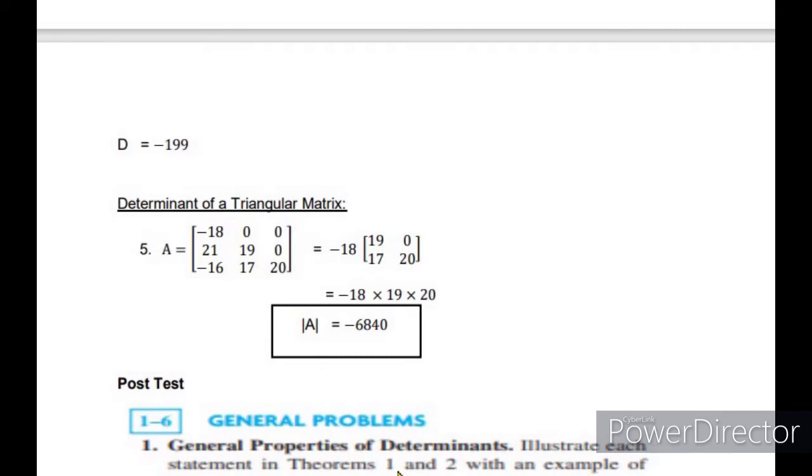So we will just multiply it with the diagonal elements from the upper left corner to the lower right corner, which are 19 and 20. So negative 18 times 19 times 20 is equal to negative 6,840. So that is the determinant of matrix A for a triangular matrix. So remember that formula or format of solving for a triangular matrix.